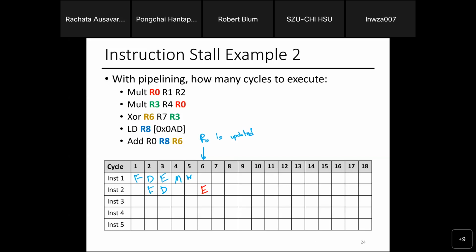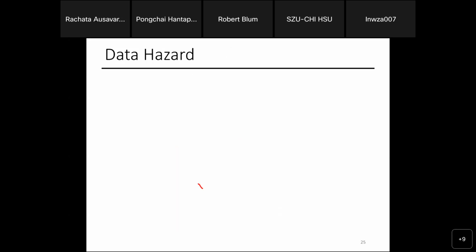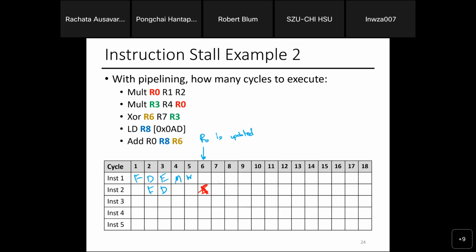No, because you have to write enable the signal into the register file. R0 is input to the register file. You have to wait until cycle number 6 for the register file to have the new value of R0. So that's when cycle number 6 has the correct value. Oops, sorry, so you can't do it here. You have to do it here, right? Because at cycle number 6, I have the correct value.